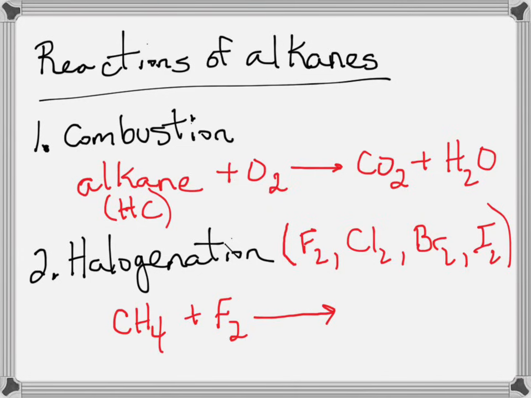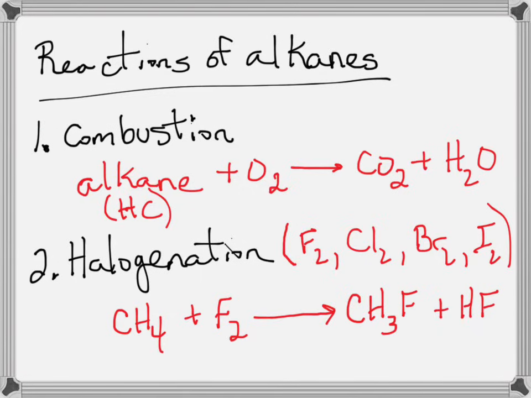And so if we switch spots, we'll remove one of the hydrogens, so that's CH3, and replace it with the fluorine. So there's CH3F plus, and we used to have two fluorines as a reactant, but now an H has replaced one of the F's, and so now we have HF.